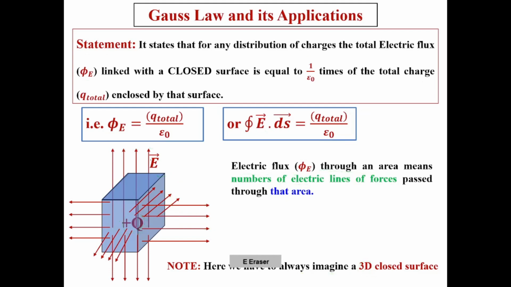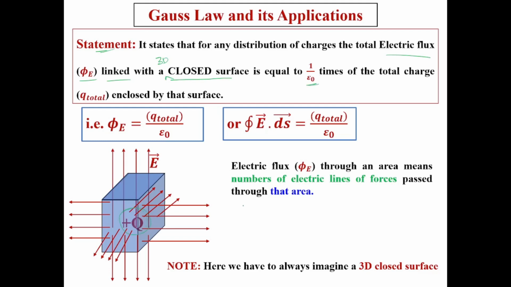Again I am going to read this statement. Electric flux linked with a closed surface, here closed surface means a 3D closed surface, always we have to imagine a 3D closed surface, is equal to the total charge enclosed by this 3D surface by epsilon 0.